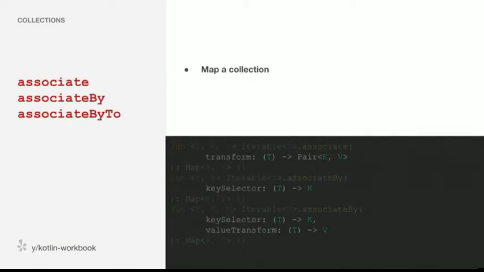So just something to be mindful of. The next one is associate. They're a family of functions used basically to convert a list into a map. So you want to create a map by creating keys for every single item that is inside your list. There's a few ways to do that. You can transform every single item into a pair, and it will create a mapping between these two items that you return.